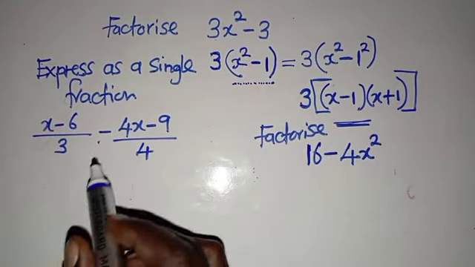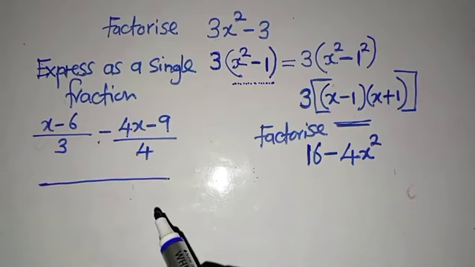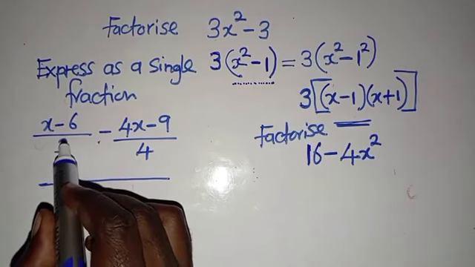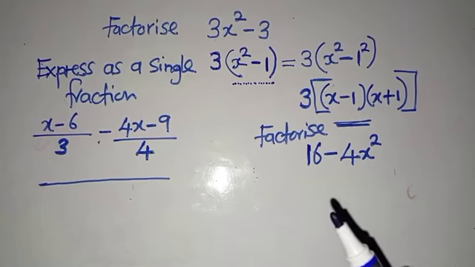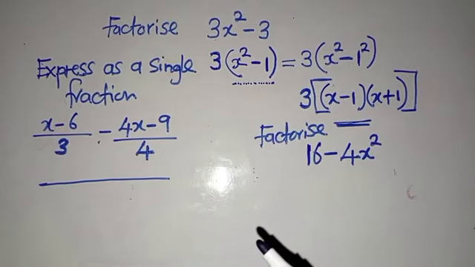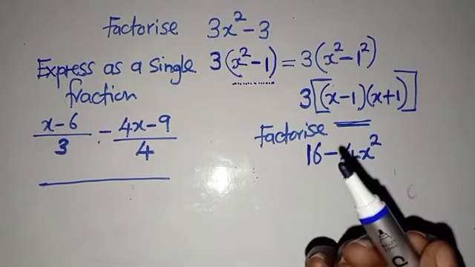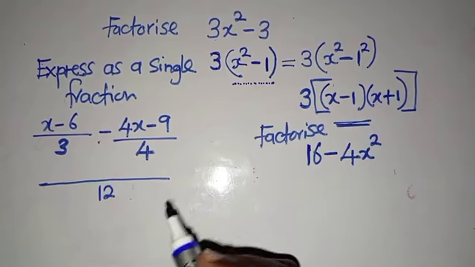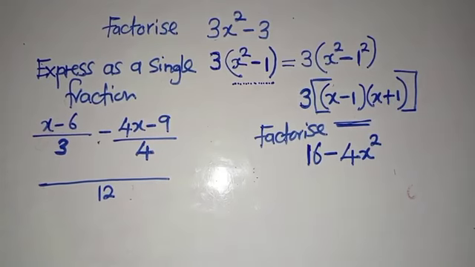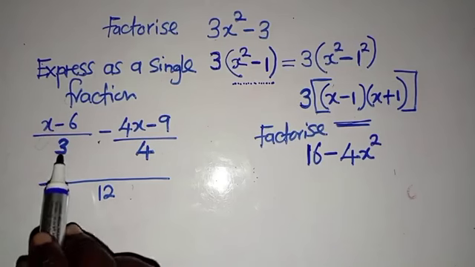So first of all, you look for a common denominator. Which number can 3 and 4 go into without leaving any remainder? This number should be the least common multiple, the lowest one, so it is 12.